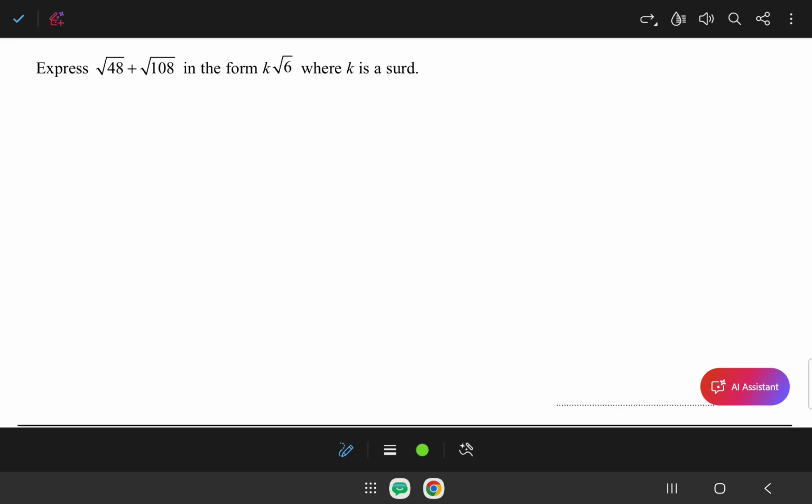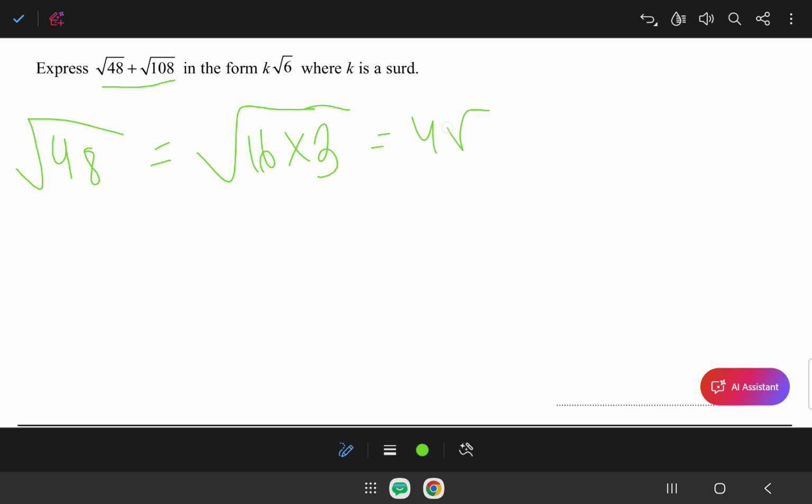Express root 48 plus root 108 in the form of k root 6, where k is a surd. The first thing we have to do is simplify each surd. Root 48 can be written as root 16 times 3, and 16 is a square of 4, so 4 root 3.